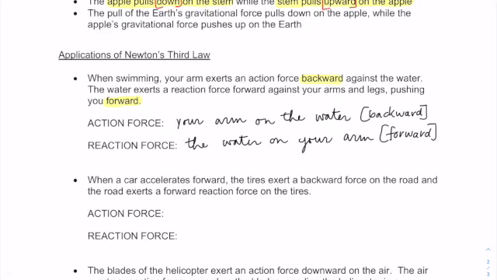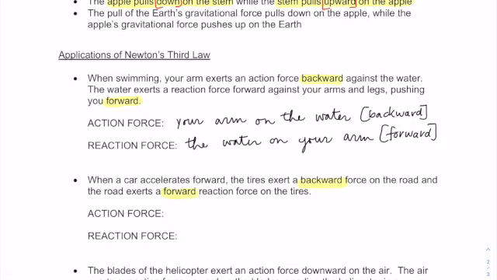Let's look at another example. When a car accelerates forward, the tires exert a backward force on the road, and the road exerts a forward force on the tires. So in order for a car to move forward, it needs to push back onto the road, and the road will push it forward.